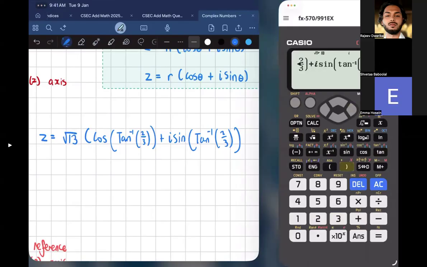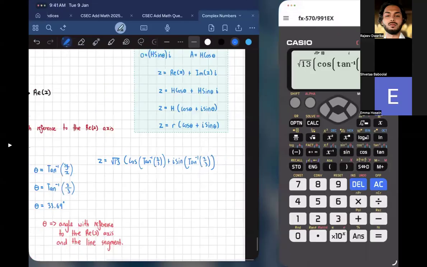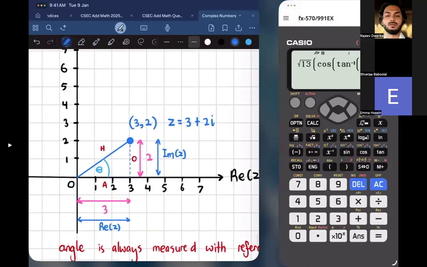I'll make sure I'm not forgetting any brackets. Bam, look at that. Have you seen it? Do I get back to the original complex number? Yes. Isn't that cool?